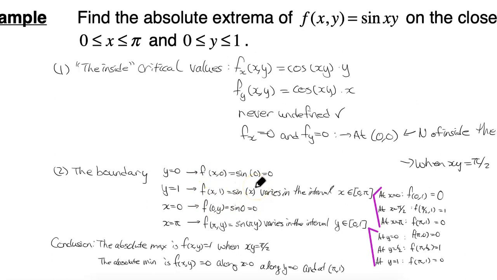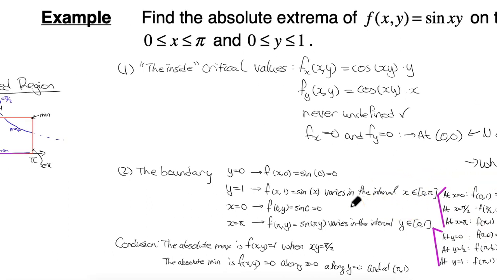We know that if x equals 0, then the output is 0. Likewise, if x equals pi, the output is 0. And in the middle, at x equals pi over 2, the output of sine x is 1. So this is summarized here. These are the 3 interesting points along the line y equals 1.